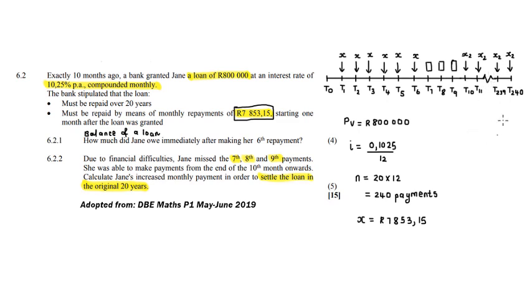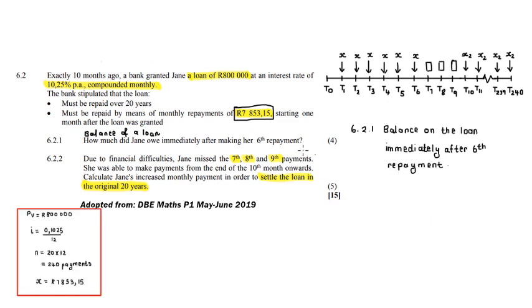Now that we have a general idea of what's happening with Jane's situation, and we have the key information pulled out from the given statement, I'm just going to move this to the side a little bit. Now we can calculate the balance of her loan immediately after she made that sixth repayment.